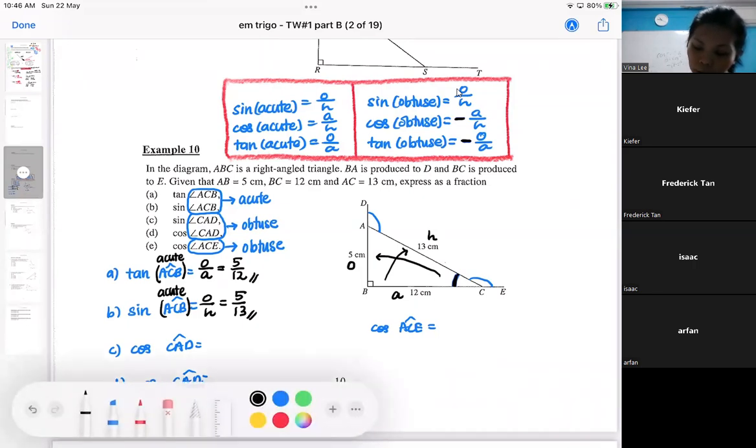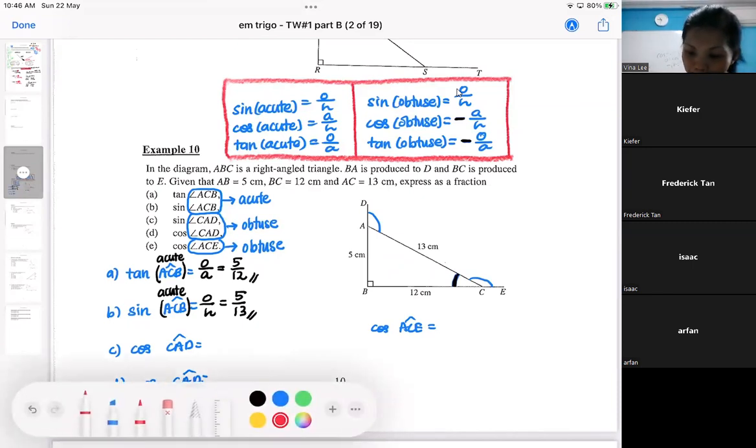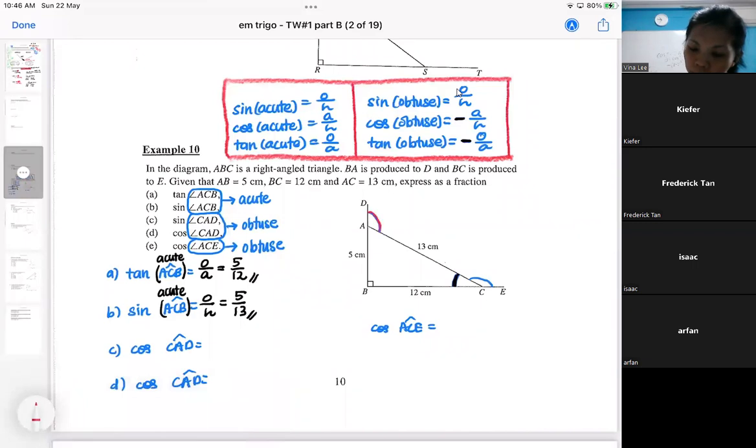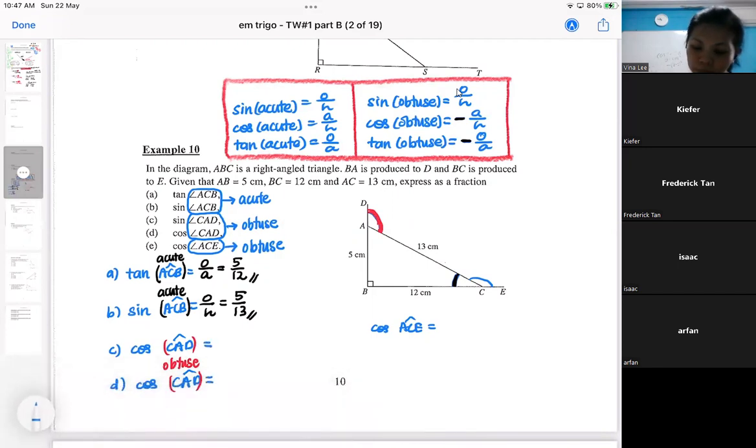Subsequently, now we are going on to the obtuse angle. It's going to be quite messy, so I'm going to erase off. So the next one, the obtuse angle is here. If it's an obtuse angle, they will usually need to borrow the OAH.